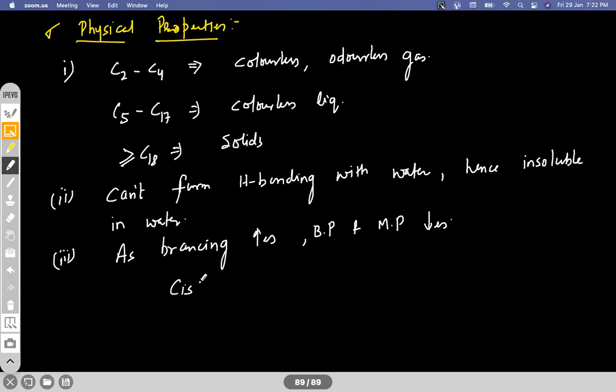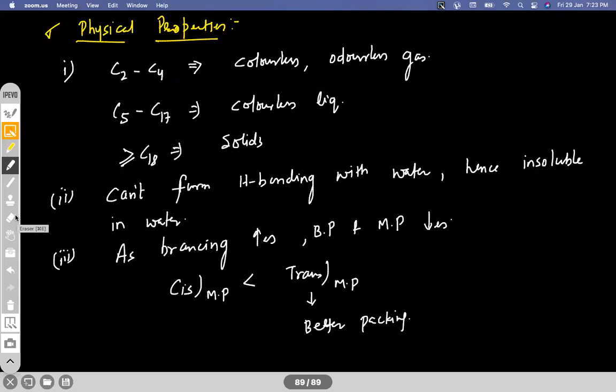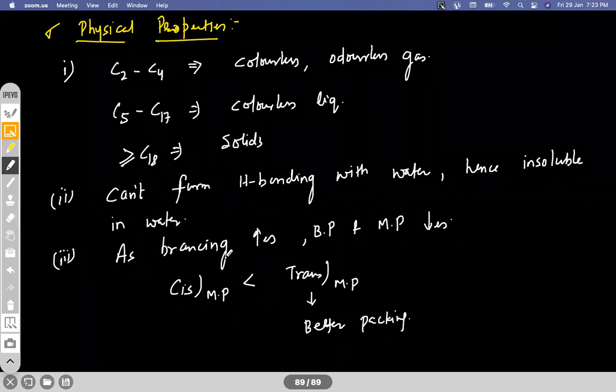Melting point of cis isomer is less than that of trans. The reason is the same. Like trans, we have better packing and hence more melting point. Boiling point, if you see, boiling point depends upon dipole moment, and for dipole moments we check which one has the more dipole moment. Accordingly, boiling point we can say.